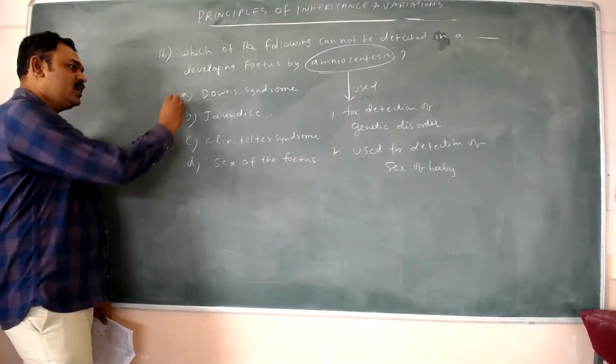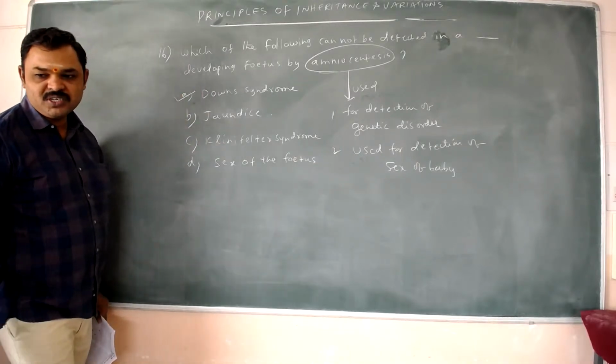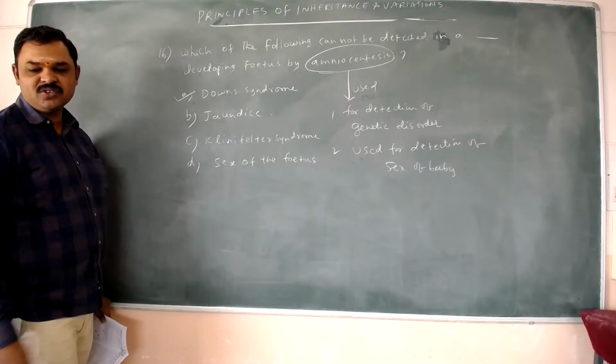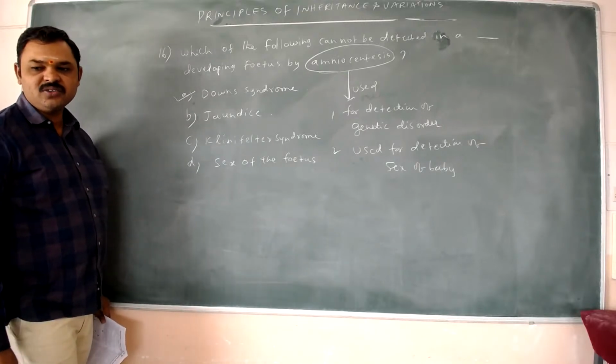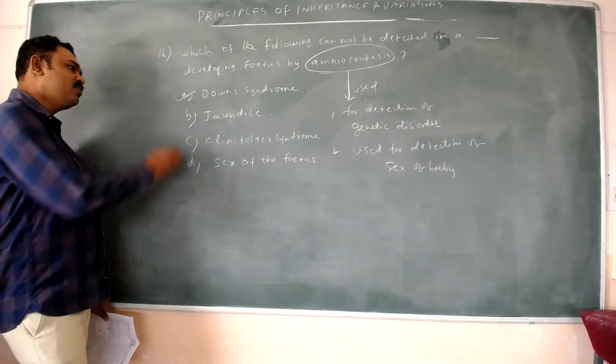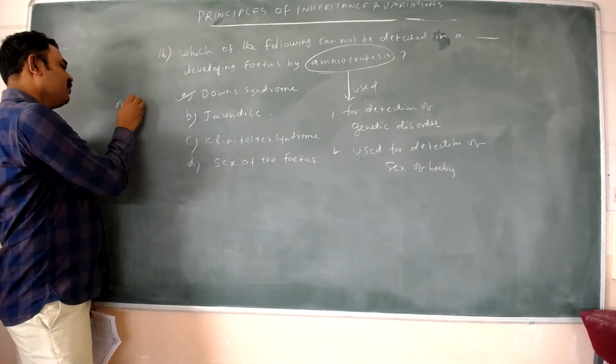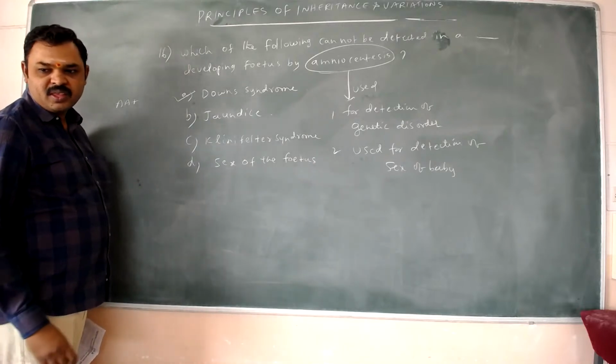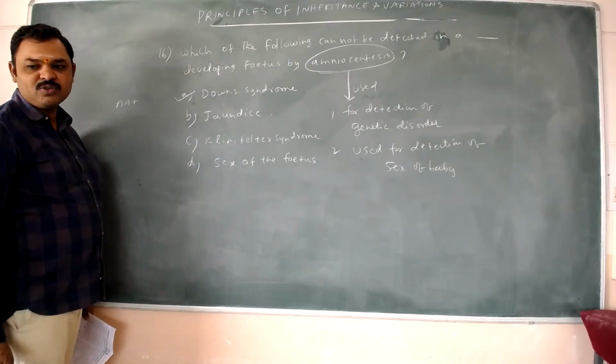So you see Down syndrome. What is Down syndrome? It is a genetic disorder. In Down syndrome, autosomes will be there, and one extra chromosome has been added.